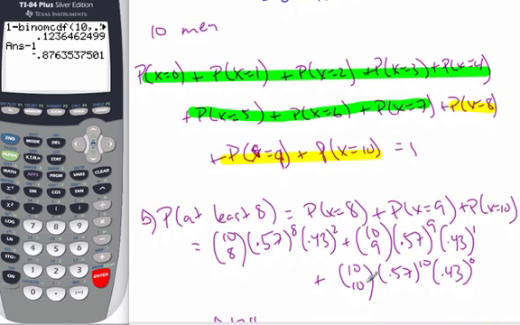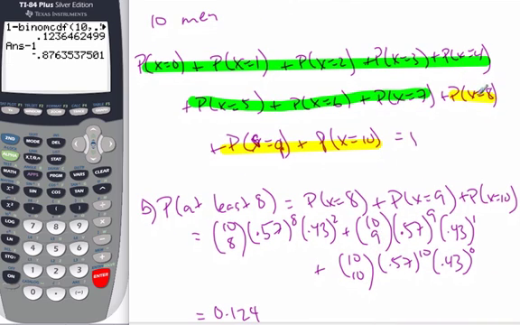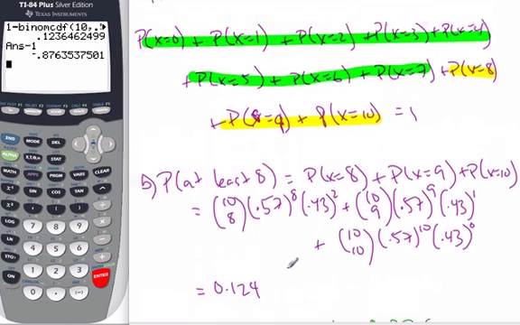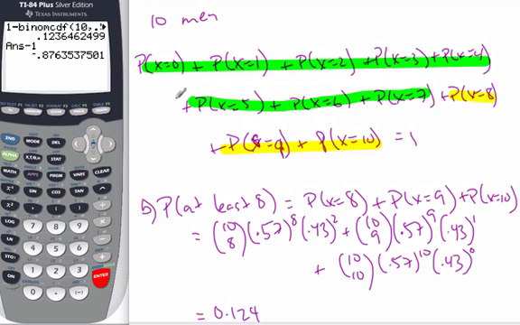Going to B part, at least 8, I want all these yellow ones from all the possibilities. And so I do it, and I can throw this into my calculator, and there's lots of different ways to do it. I'm not sure what your calculator will do, but when you do that, you end up with this value. And then finally, if I want less than 8, well, that's the other side.